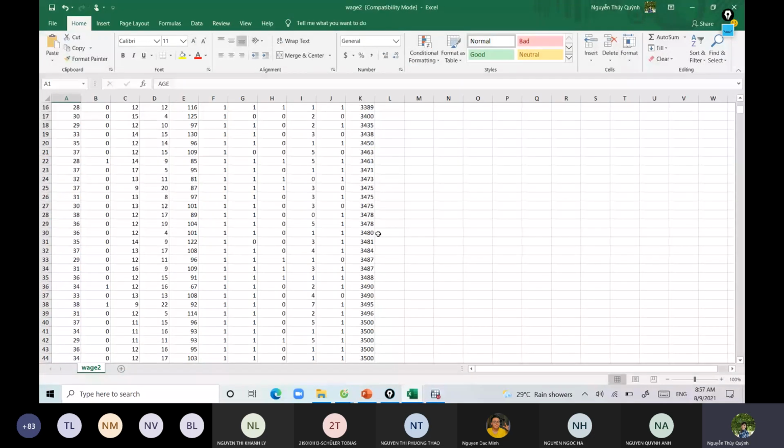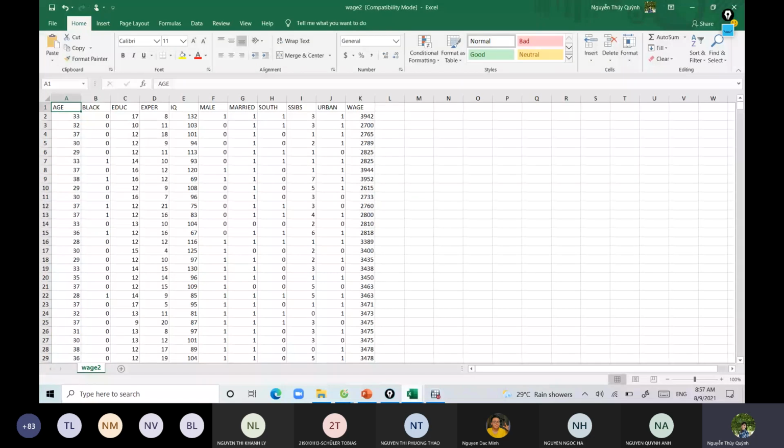We have a lot of observations here. How many observations do we have? We have 936 observations in total. If we do the calculation like we did in exercise 4, it will take plenty of time. So that's why we will use the support of Stata to estimate this model.